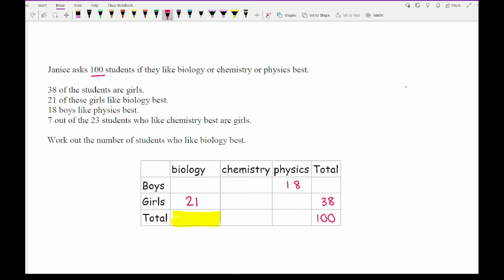And 7 out of the 23 chemistry students liked chemistry best are girls. So here is the information that's given, and this is what we now need to complete.